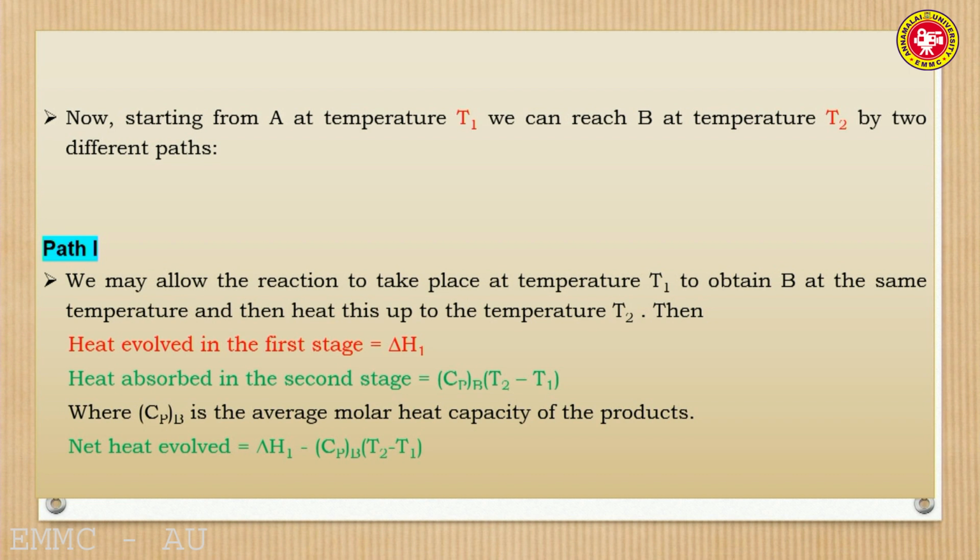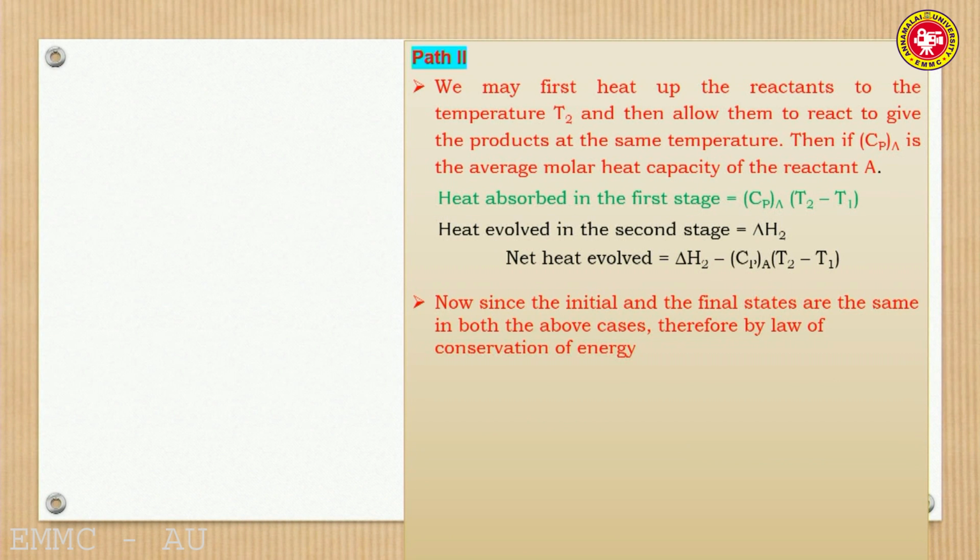The heat absorbed in the second stage is equal to CpB (T2 minus T1), where CpB is the average molar heat capacity of the product. Net heat evolved is delta H1 minus CpB (T2 minus T1).